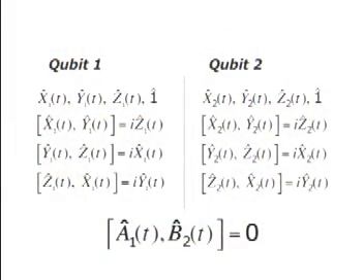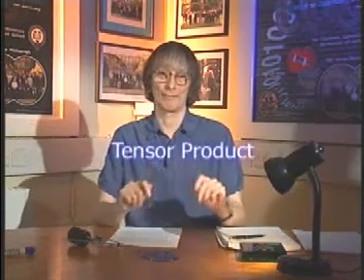The simplest representation turns out to be a 4 by 4 representation. And the way it is constructed applies to any 2 quantum systems, not just a pair of qubits that you want to consider as a single system. It uses the tensor product of matrices.